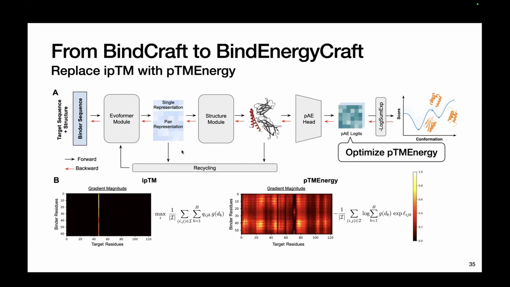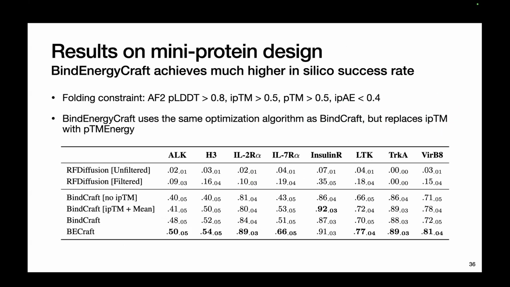Basically, what we do is exactly the same as BindCraft, but we replace this IPTM with PTM energy, and this gives a smooth gradient. Even with that small change, we compared BindEnergyCraft with the standard BindCraft method on 8 different targets. We use the same in silico filters.